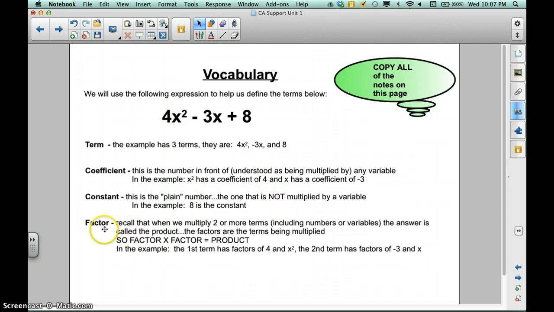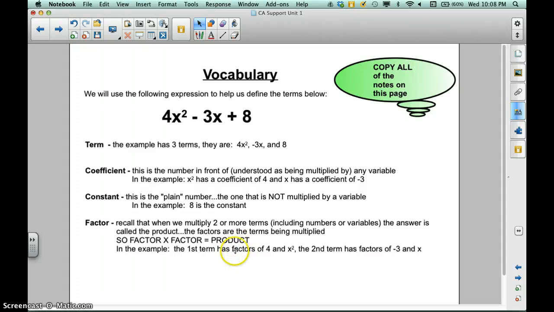The last term is called factor. Recall that when we multiply two or more terms, numbers or variables, the answer is called the product, right? The factors are the terms that are being multiplied to get that answer. So a factor times a factor is equal to the product.